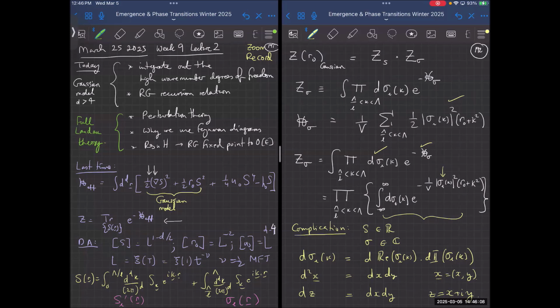Yes. So the Gaussian integral has real and imaginary parts, and so that means that when we expand sigma of k squared, this actually is the real part of sigma squared plus the imaginary part of sigma squared. Okay, so we need to take that into account.